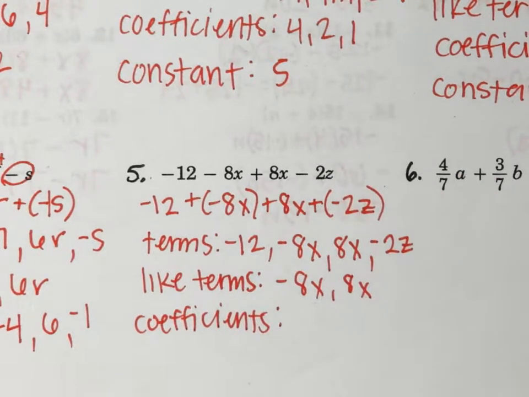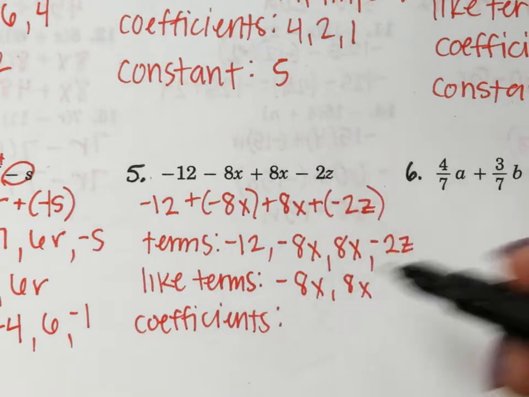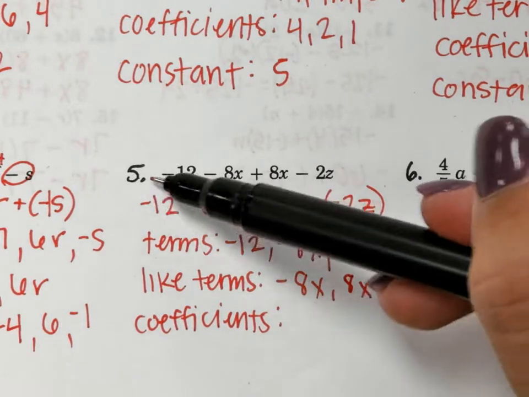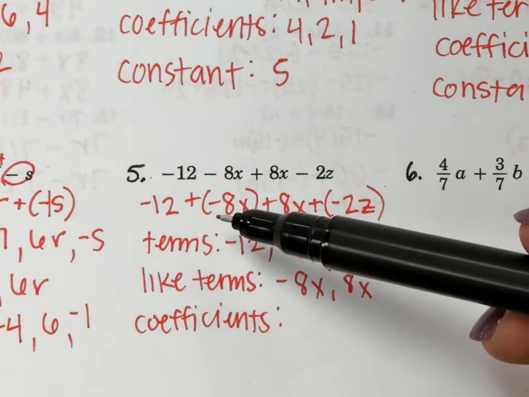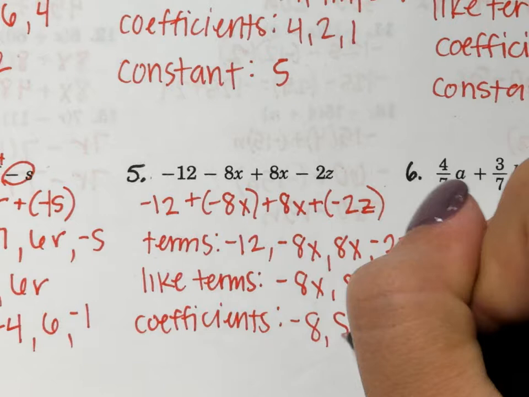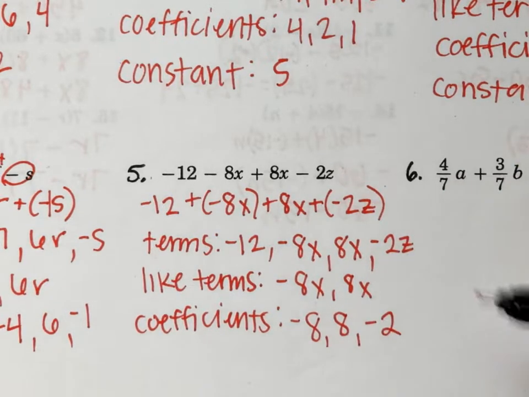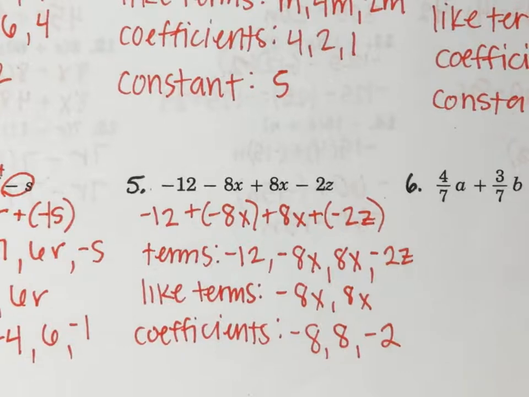My coefficients. Okay, negative 12 is not going to be a coefficient, right? Because it doesn't have a variable tied to it. But negative 8, 8, and negative 2, all three have variables with those numbers. So that's what makes them coefficients.